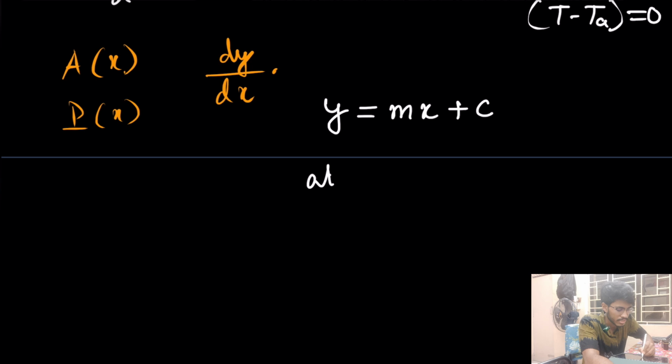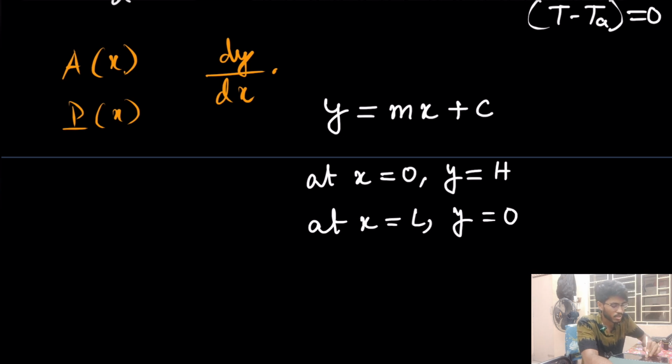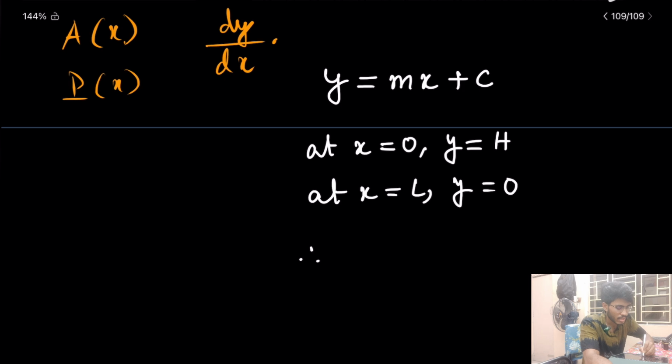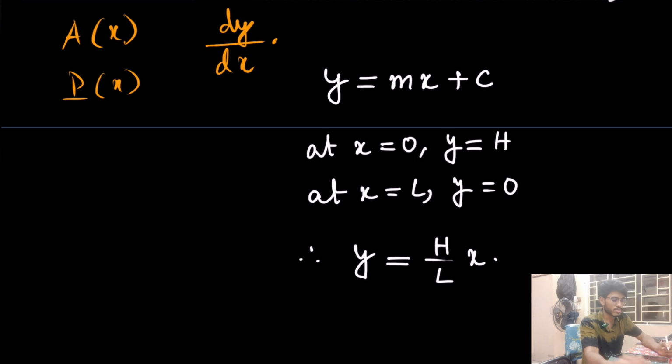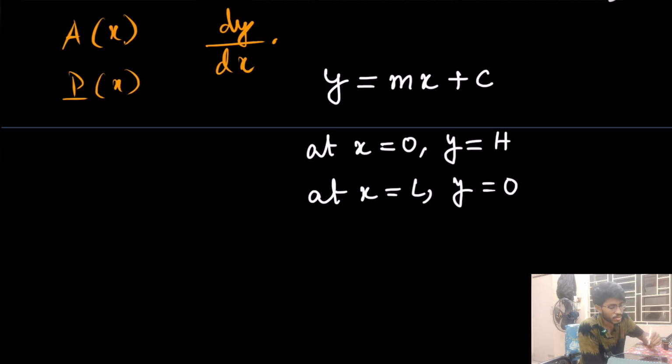So I know that at x equal to 0, my y is equal to what? H, capital H, and at x equal to L, my y is 0. So from this you can see that this will be what? This will be your H by L into x. Is it happening? No, we are wrong.